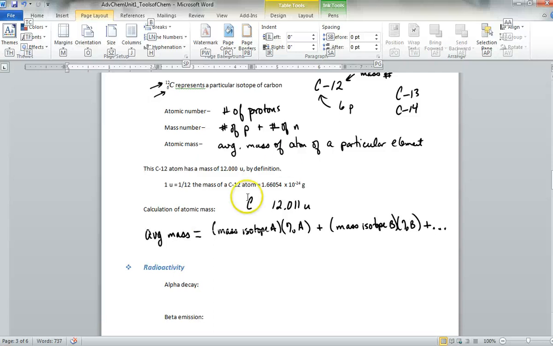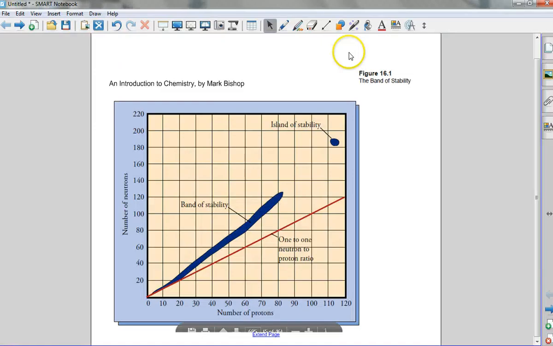So what I want to do right now is show you a table that gives you an idea of what I'm talking about in terms of stability and ratios of protons to neutrons.